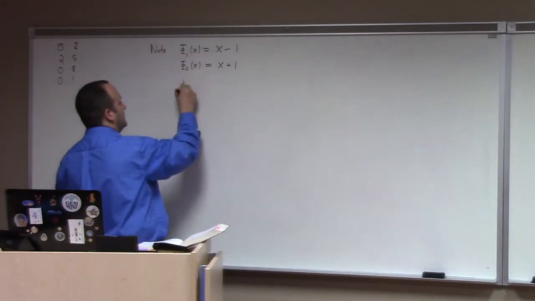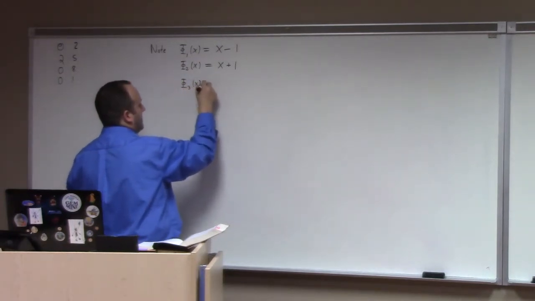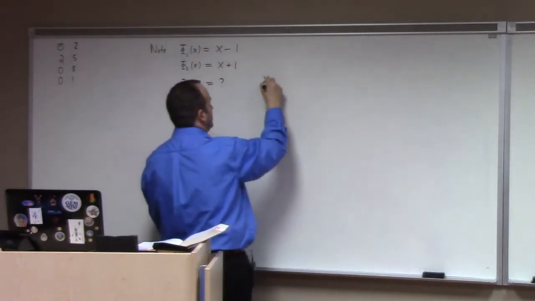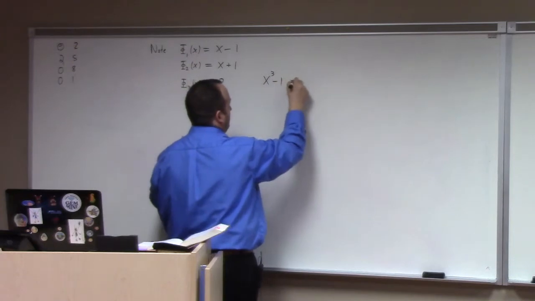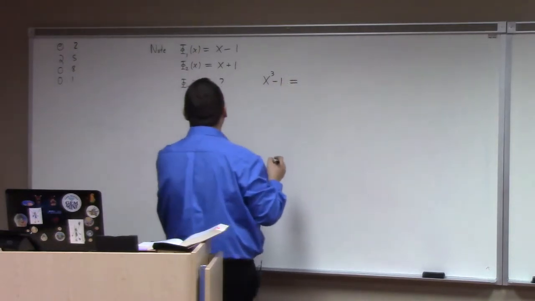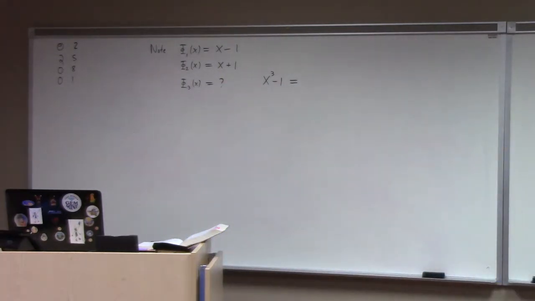Phi 3, what is phi 3? Well, check this out. So x cubed minus 1 is supposed to be equal to what? What's the general rule? I can write it as a product over the divisors.